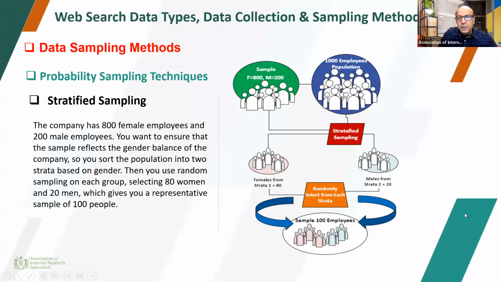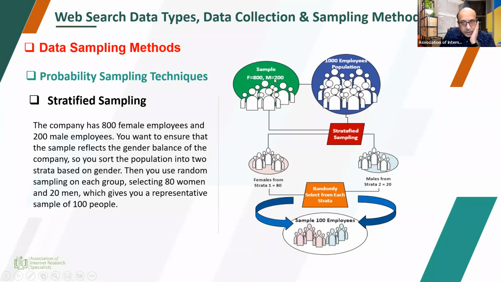So here is the example of building stratas. Stratas are groups. As you could see, we've made two stratas here. Starting with the population, supposing it's a population of 1,000 employees, 800 are females and 200 are male.